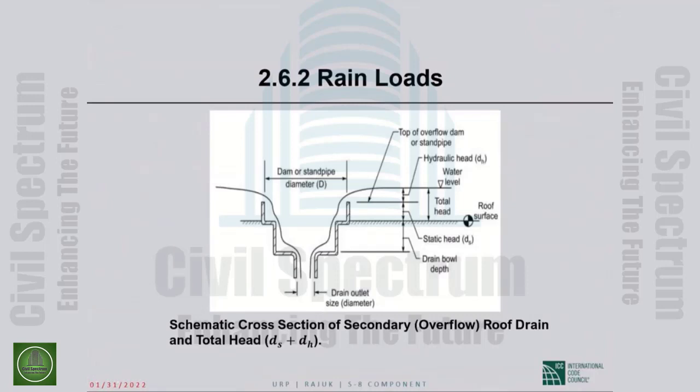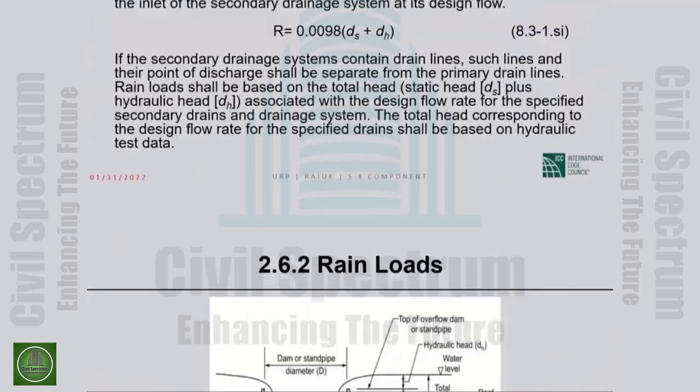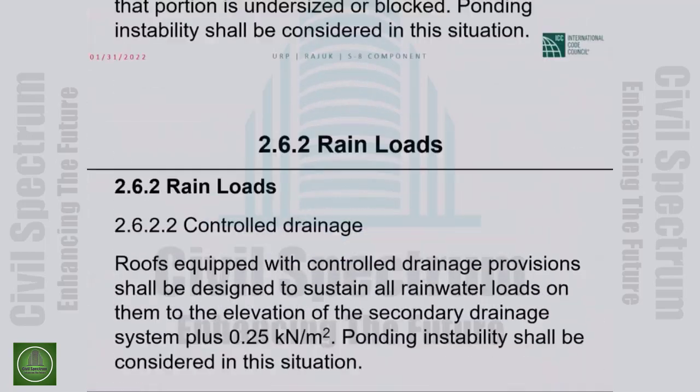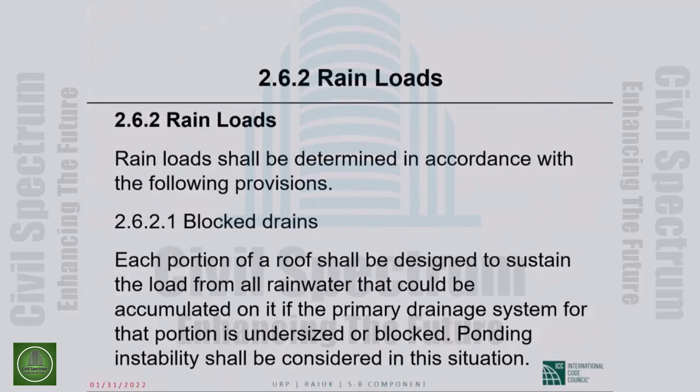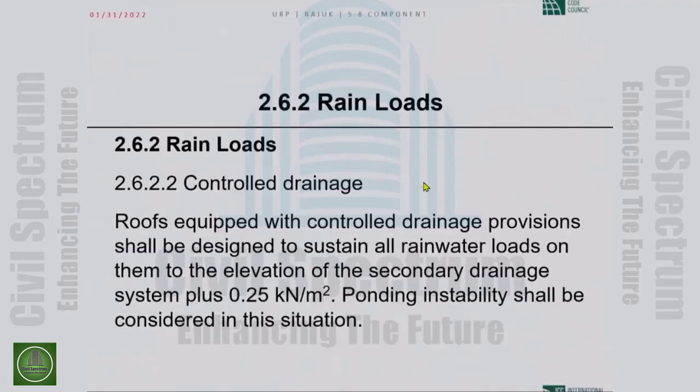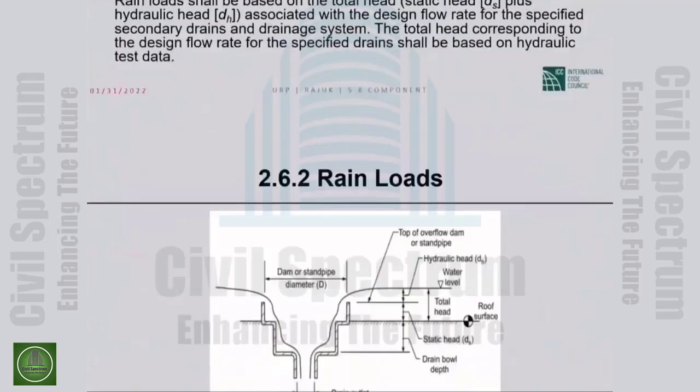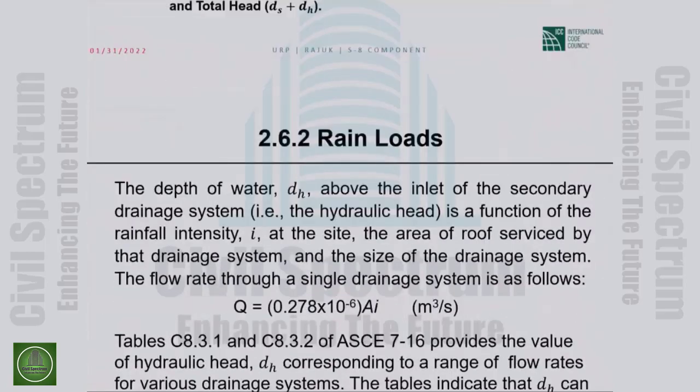I won't quarrel with it, but make sure that that's what it is saying. What BNBC is saying for roof drains where there is no controlled drainage, this is something I frankly do not understand. How you will figure that, I have no idea. Okay, so that's where I will leave rain loads.